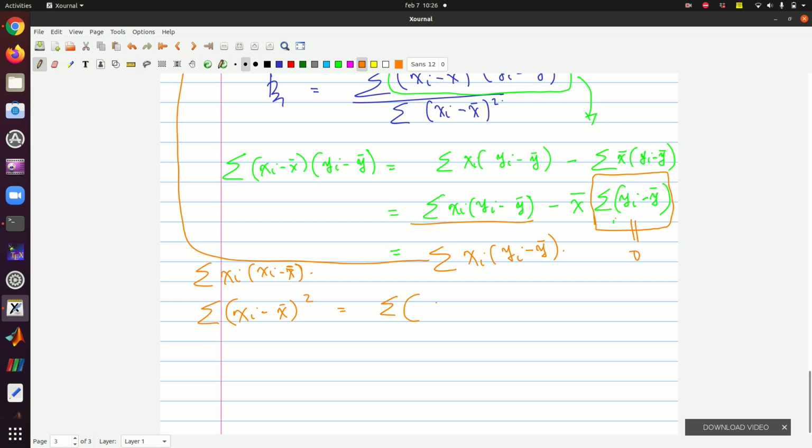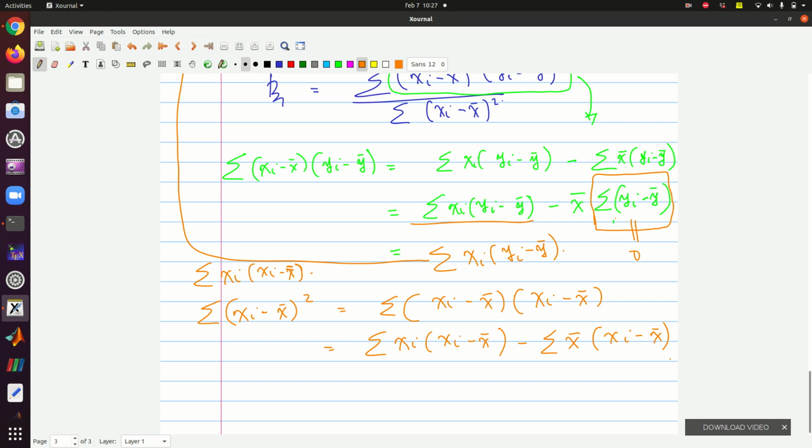We have the summation of (xi minus x bar) into (xi minus x bar). Then we write out the summation of xi into (xi minus x bar), then minus the summation of x bar into (xi minus x bar).